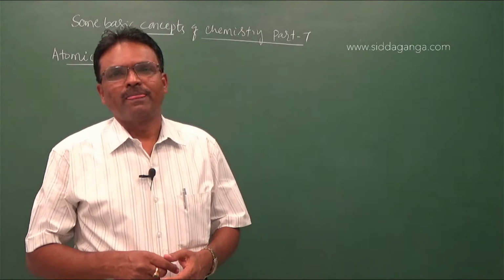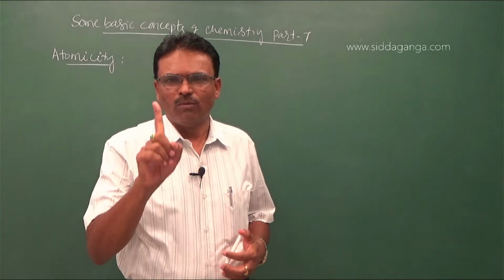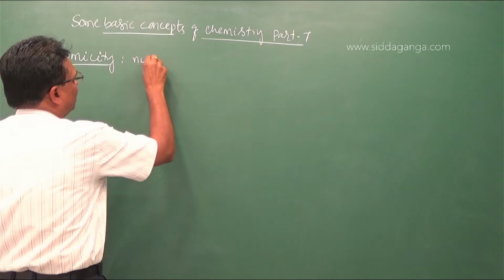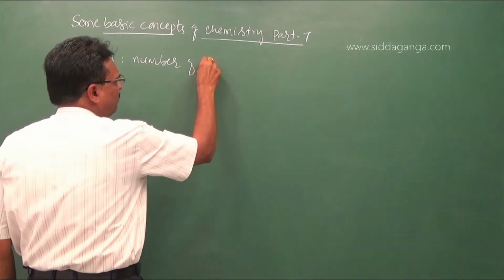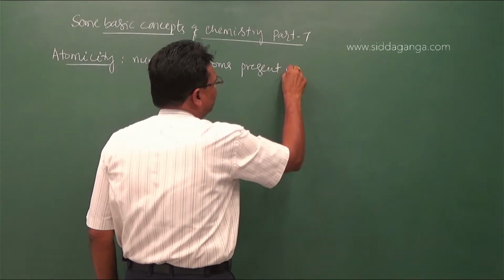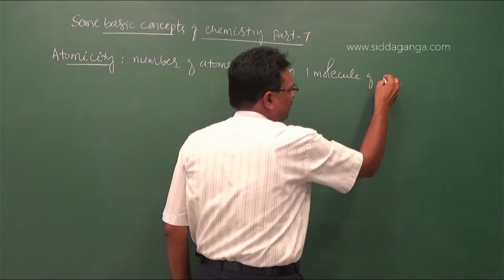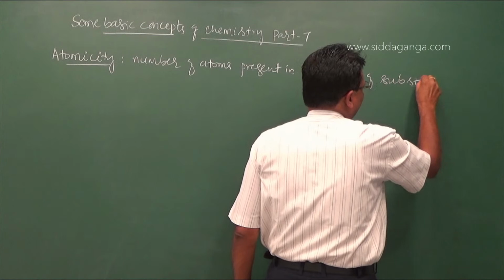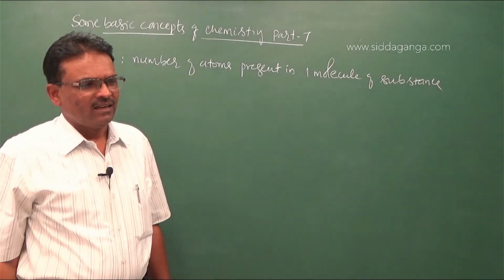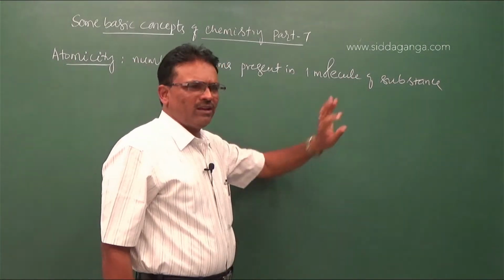Atomicity means number of atoms present in one molecule of a substance. This is the atomicity: number of atoms present in one molecule of a substance.